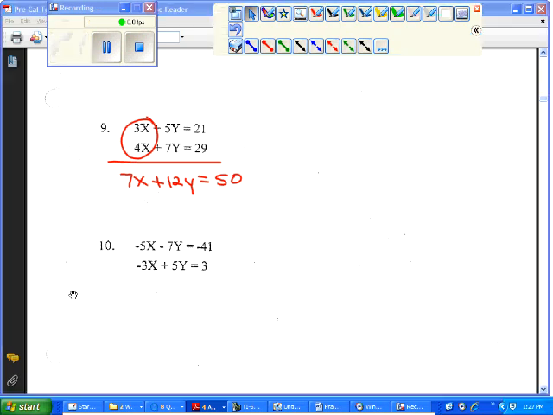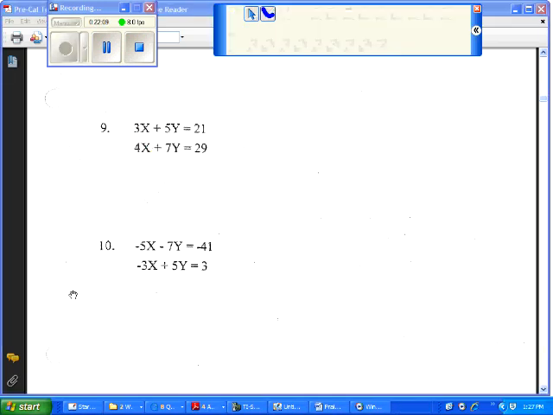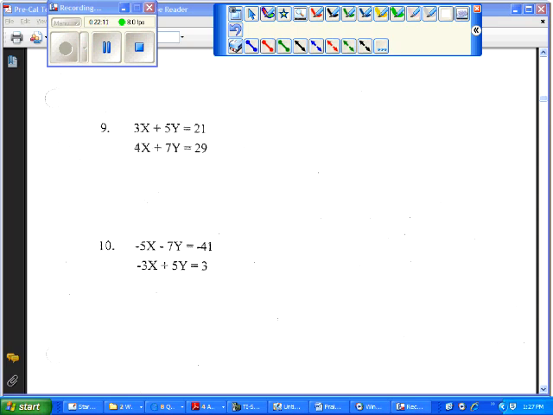Additive inverses. So the idea is that we're going to multiply through by whatever it takes to make whatever coefficient we're trying to get rid of opposite. So then we decide, do I want to cancel out my x's or y's?